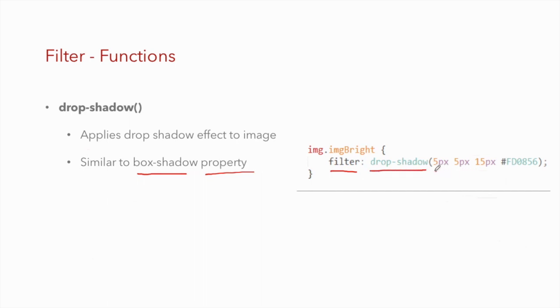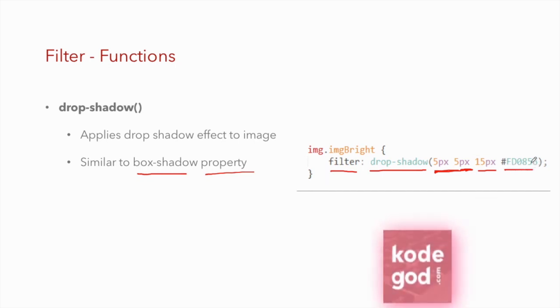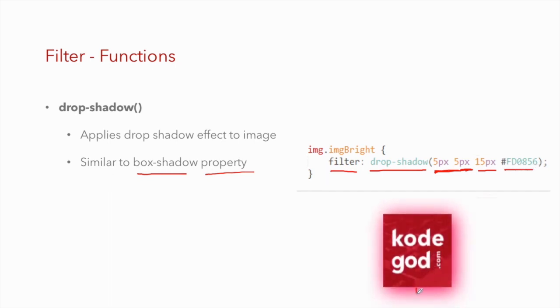Again, this is the width of your shadow, and this is the depth of your shadow, and this is the shadow color. You can see that this is 5 pixel, and the curve or the depth is being added using the third parameter, that is 15 pixel, and this is the color of your shadow.